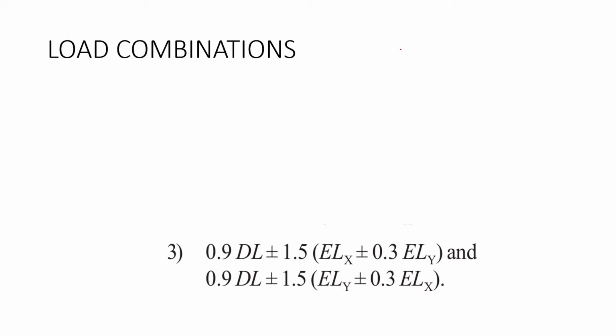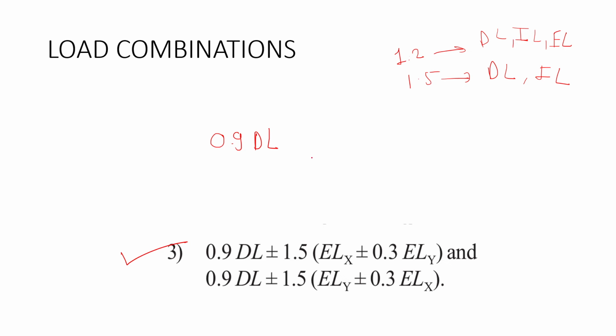Till now we have seen 1.2, in which there will be dead load, imposed load, and earthquake load. In 1.5 there was dead load and earthquake load. Now here there is a third case where 0.9 is the dead load factor. The only thing is, here we are factorizing earthquake load by 1.5.